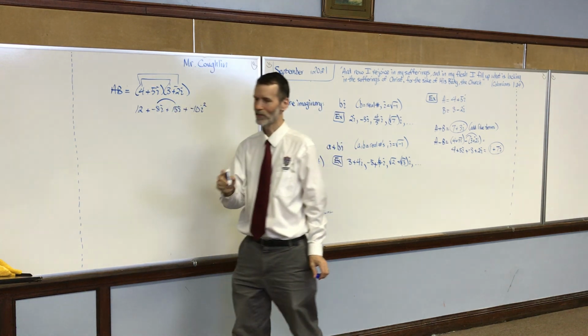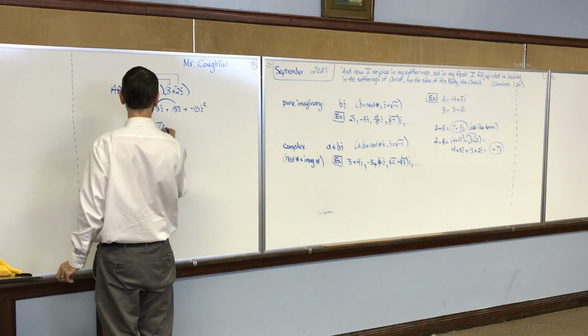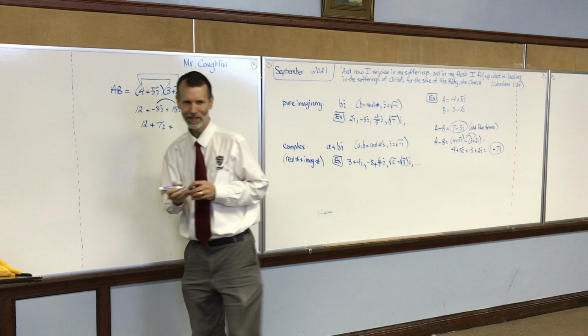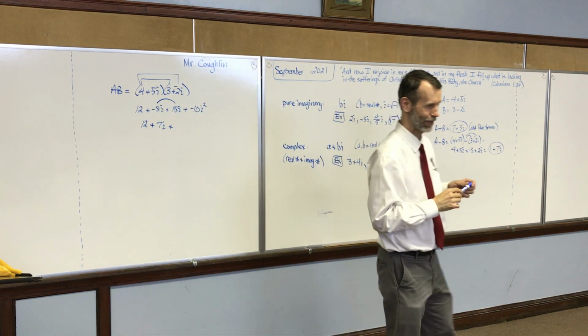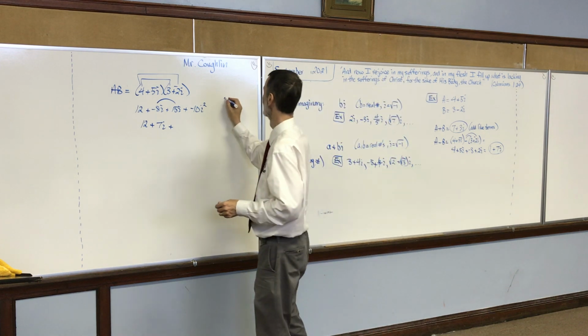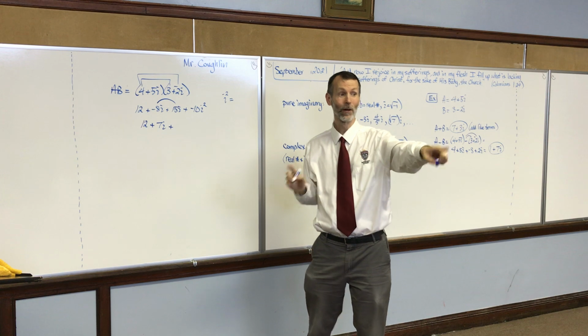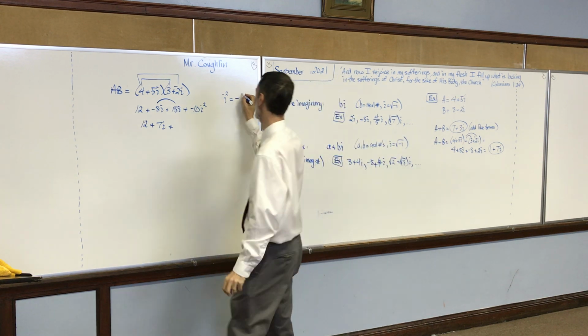What's negative 8i plus 15i? 7i. So it's 12 plus 7i plus, does anybody say anything else that was boiled down? I'm curious if you remember from last year. What is i squared? Very close. It's negative 1.